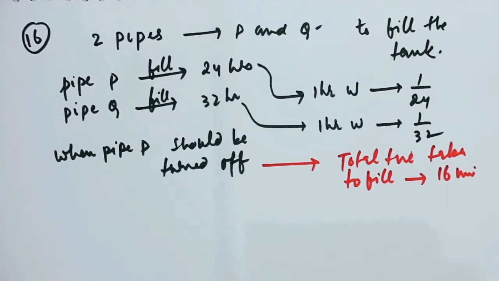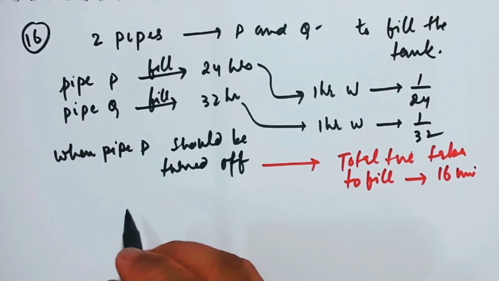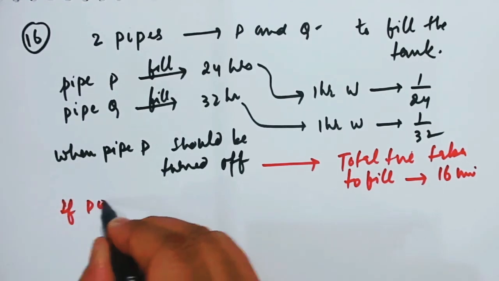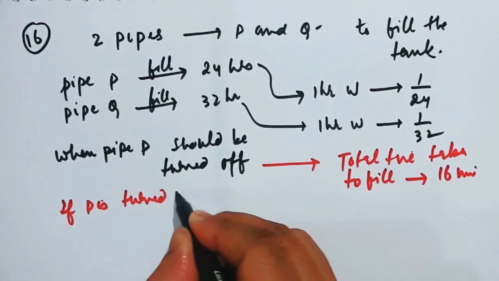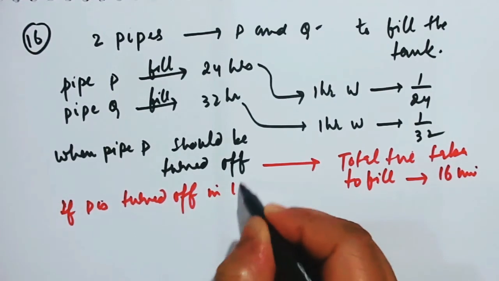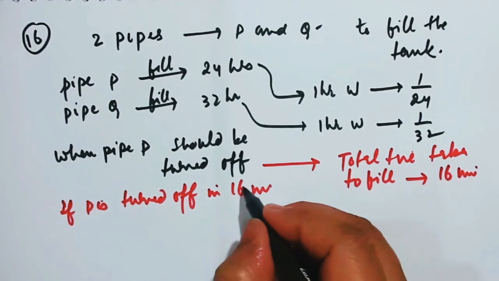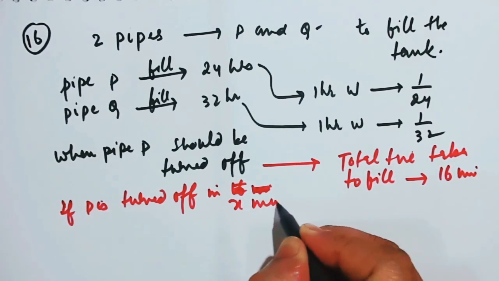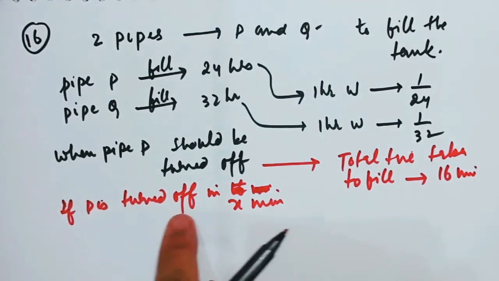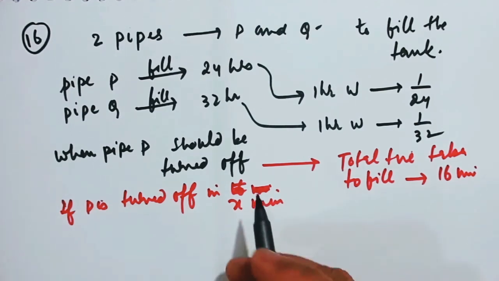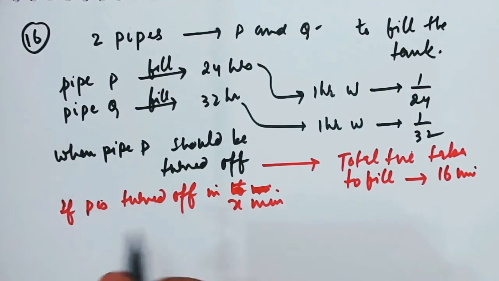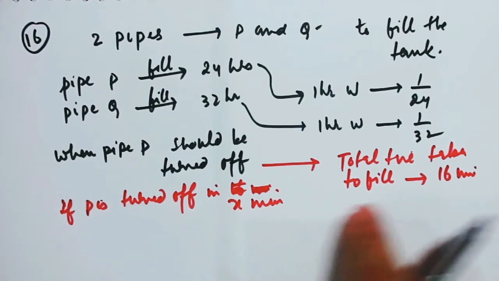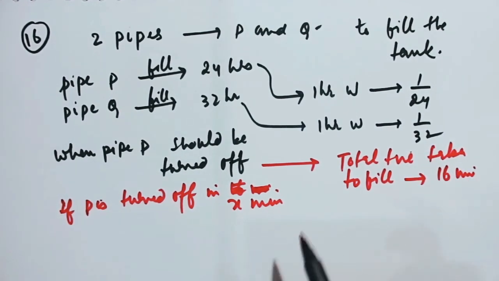So if P is turned off in x minutes, this means that P will work only for x minutes, while Q will take the entire time, 16 minutes.